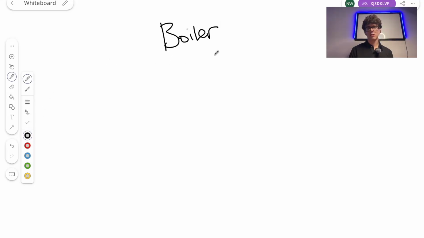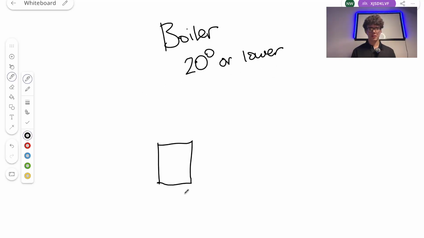So boilers are typically going to be used in colder climates. 20 degrees or lower is where boilers are going to thrive. Basically, you have a little box that heats water.